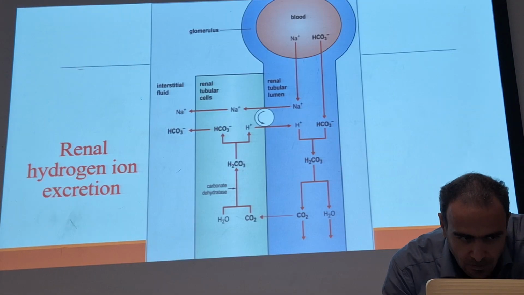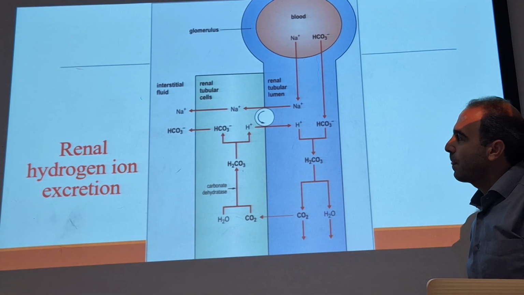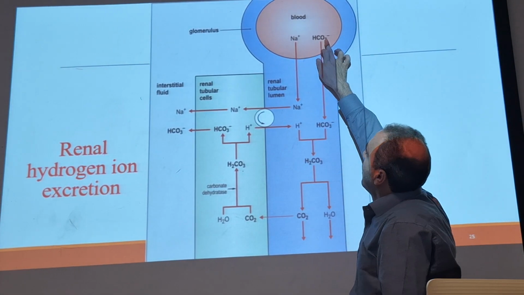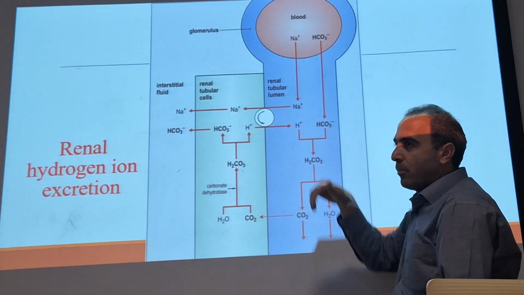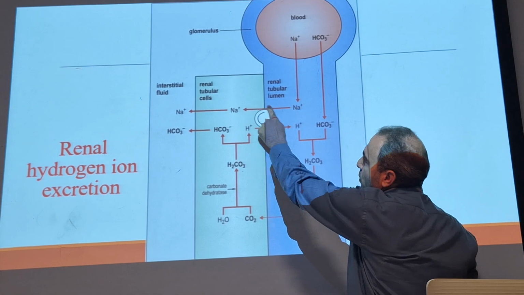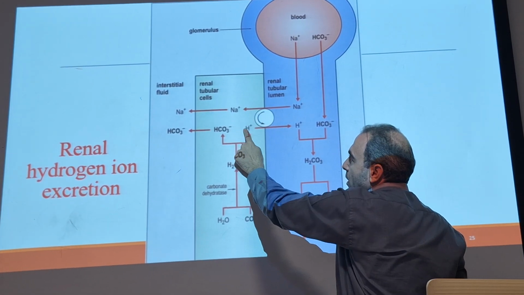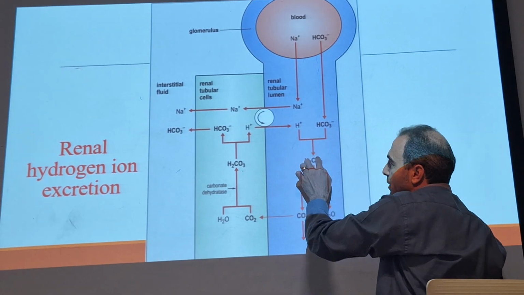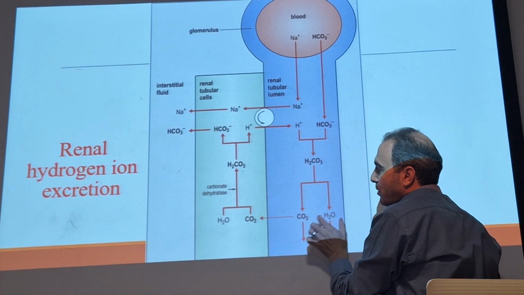Again, you can see in this slide, in the renal hydrogen ion excretion, bicarbonate and sodium are filtered by the glomerulus. Then this sodium is reabsorbed, and this H+ is excreted. They combine together, bicarbonate, H2O and CO2.